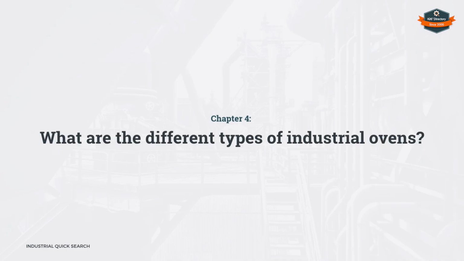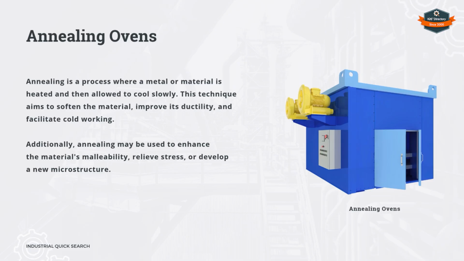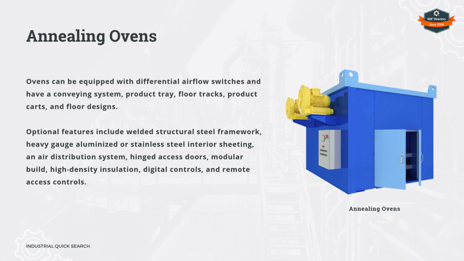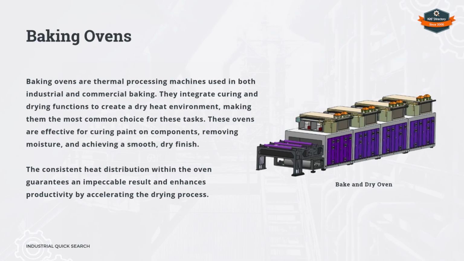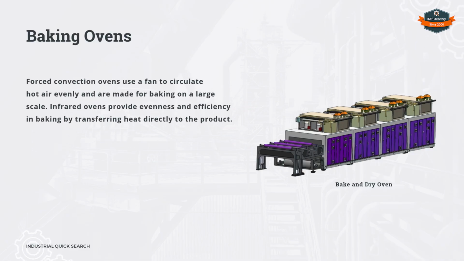Chapter 4. What are the different types of industrial ovens? Annealing ovens. Baking ovens. Batch ovens.